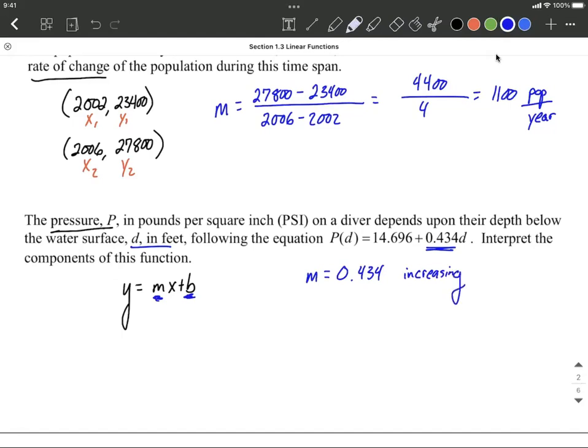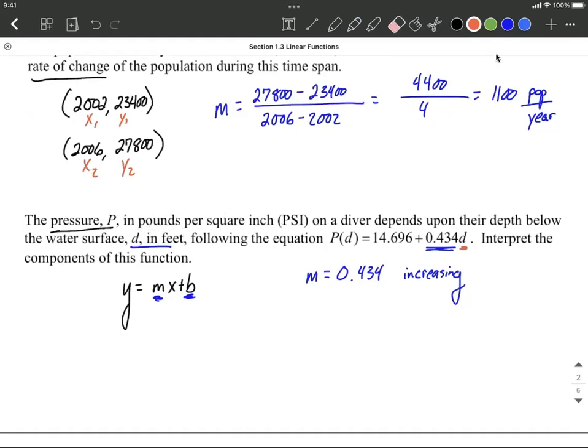So for each foot under the water that this diver goes, the amount of pressure, the output, is going to increase by 0.434 pounds per square inch, because that's the units given to us up here.